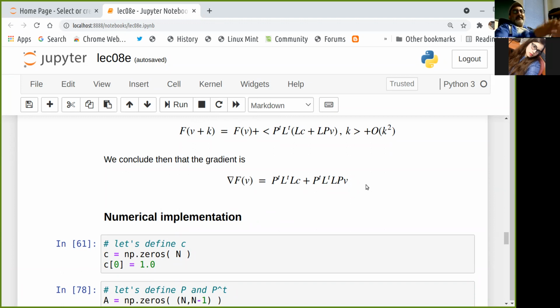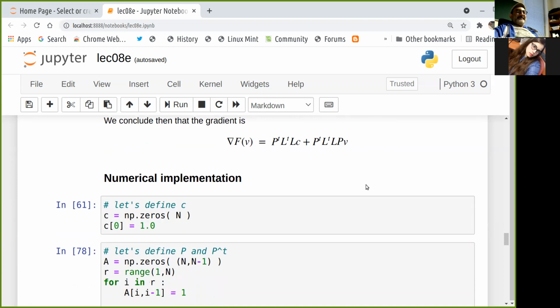So instead of having a matrix times v, now you've got a constant plus a matrix times v. And that's what you'll get in question 4 of the midterm. Okay?